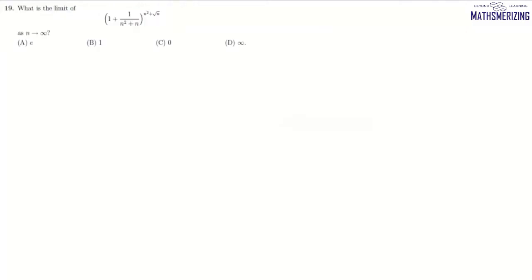Now question number 19 is, we need to find this limit. Limit n tends to infinity (1 + 1/(n^2 + n))^(n^2 + root n). Now this is the 1 to the power infinity form. And if it is the 1 to the power infinity form, we'll directly use the shortcut, which is e to the power limit n tends to infinity g(x), which is n^2 + root n, into f(x) minus 1, which is 1 upon n^2 + n.